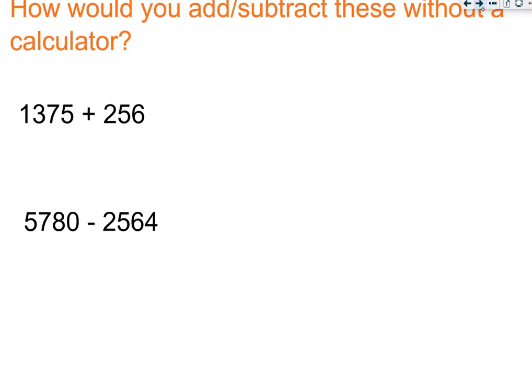First thing to remember is how you would add or subtract regular numbers that don't involve fractions or decimals. Let's do a couple quick examples and see if you remember. If you take a number like 1,375 and add that to 256, you put the 1,375 on top of 256.